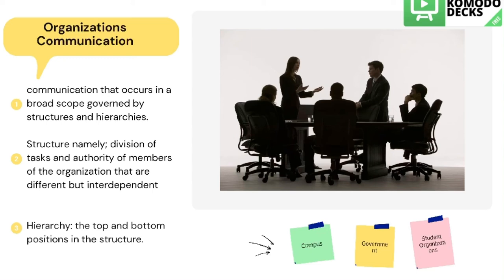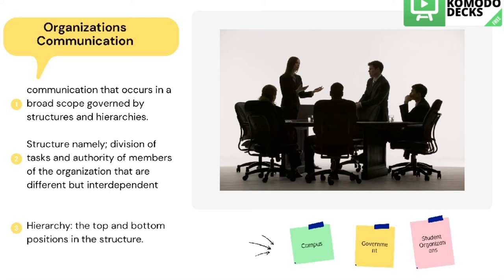The next level is organization communication. Organization communication is a level that involves structure and hierarchy to communicate. This is the difference between organization and group communication. Group communication only has a role, for example, the class leader, while organization communication has structure and hierarchy.